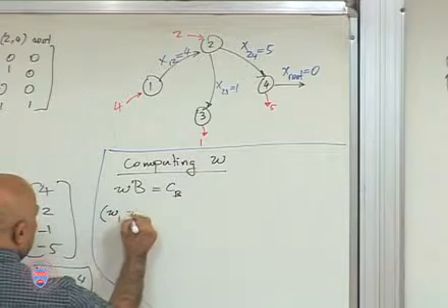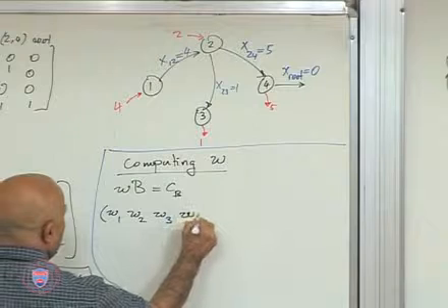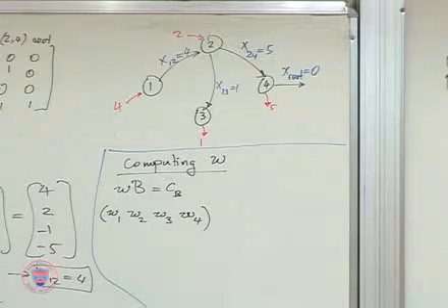W is the vector of dual variables. Now, you have a dual variable for each constraint. Since your constraints are associated with nodes, the dual variables are also associated with nodes. So remember that. You've got as many W's as you have nodes, okay?